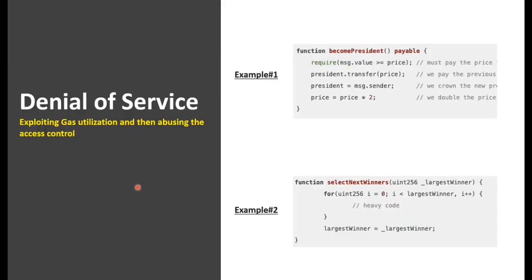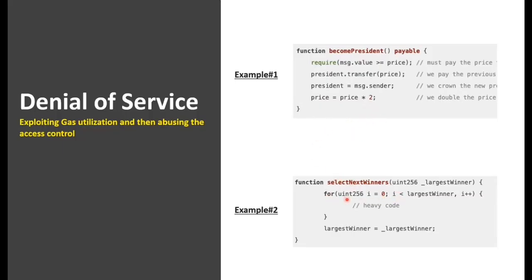Here's a denial of service attack, and obviously denial of service is a problem in more than just smart contracts. But if we take a look here, what's happening is the transactor is being shut out, and the miners that are managing these nodes are collecting what are called the gas fees for processing the transaction, but they are taking advantage of the access control here.